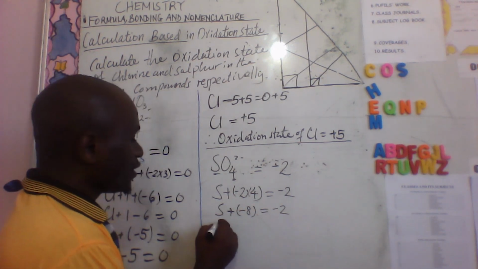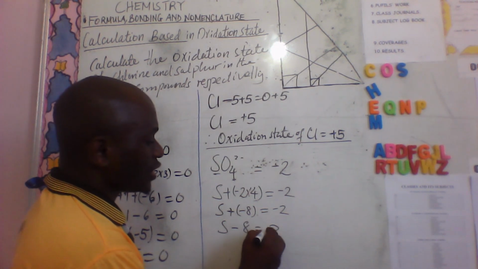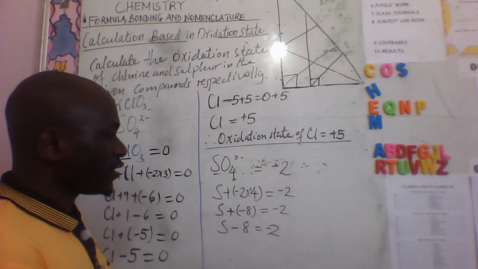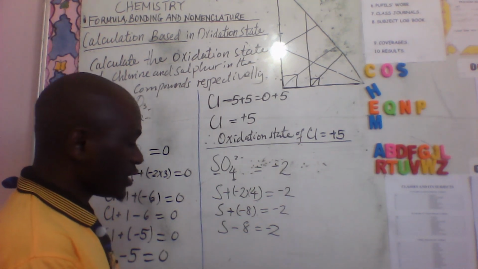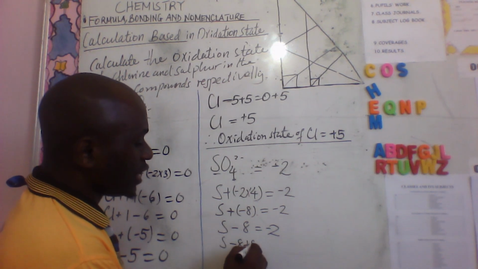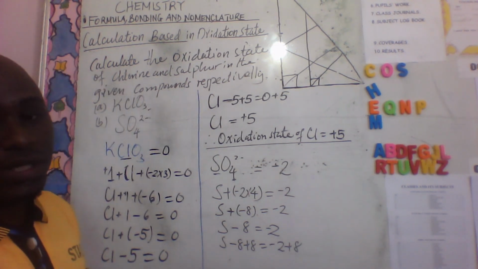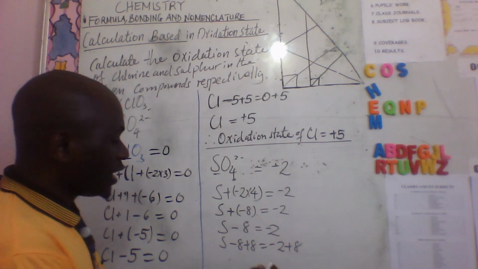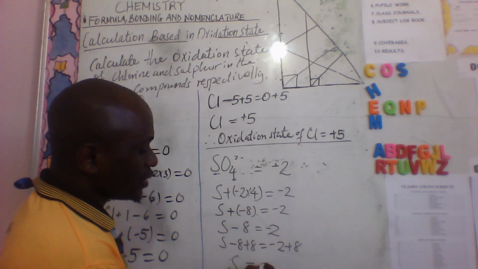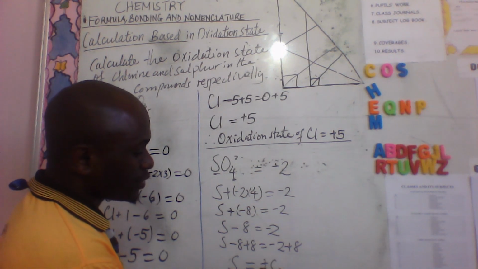So sulfur minus 8 is equal to -2. Here we find out the oxidation state of sulfur in the radical sulfate. So sulfur minus 8 plus 8 is equal to -2 plus 8. Here we are collecting the like terms. So sulfur is equal to positive 6.